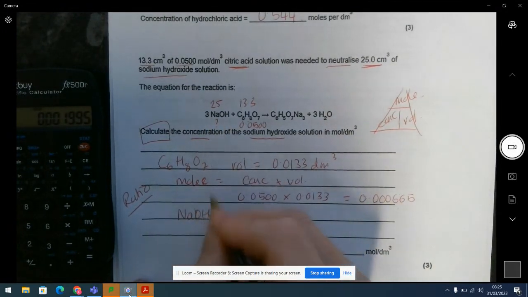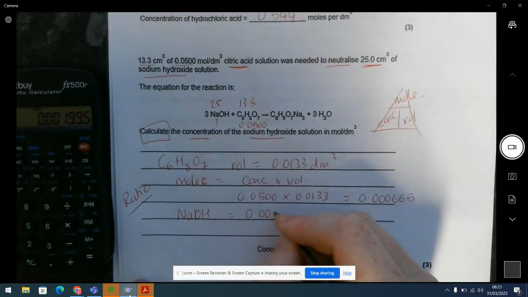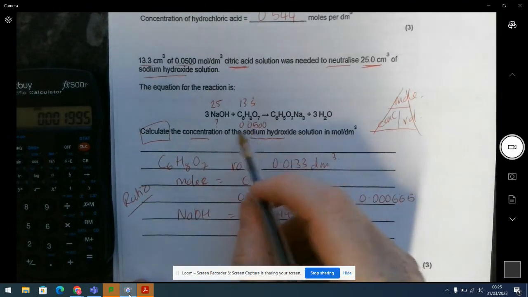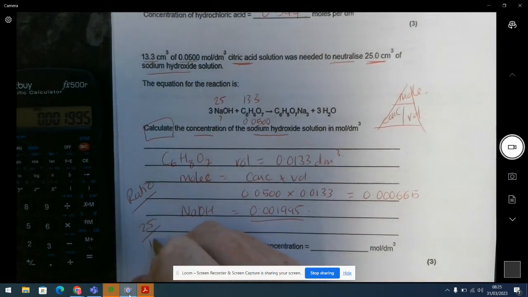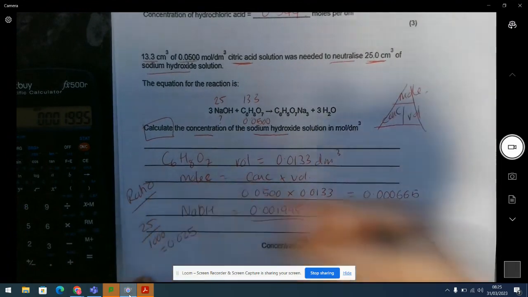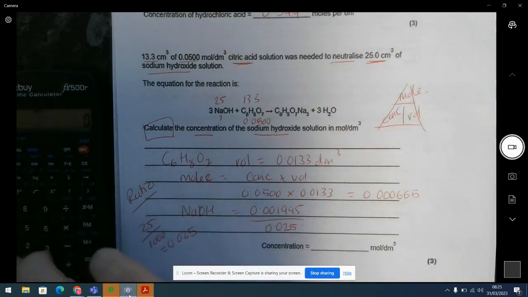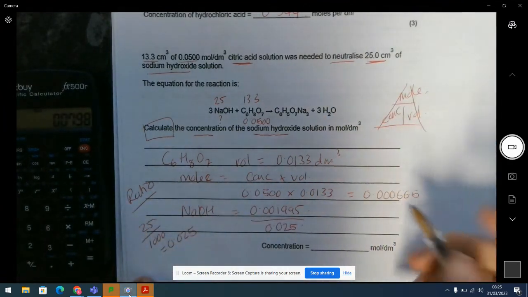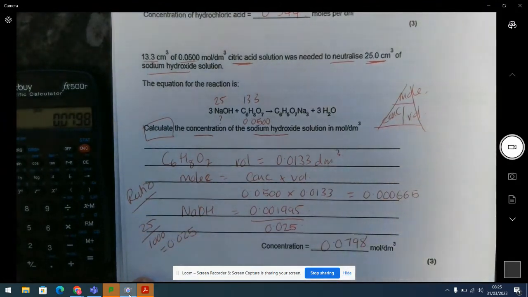So sodium hydroxide, if I'm being asked to calculate its concentration, I do the mole value, which is 0.01995, and I'm dividing it by the volume, which we have to convert because it's in centimeters cubed, so we know already that's 0.025. So I'm dividing that by 0.025, and that gives me a concentration of 0.0798. It's not asked me for significant figures, so I'll put it in as it's came up on the calculator.